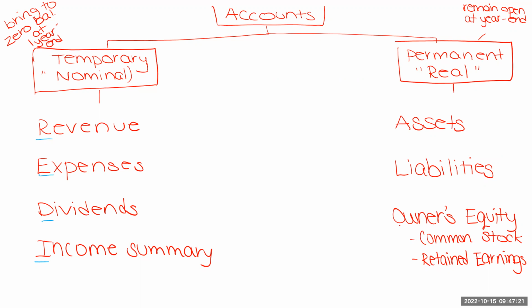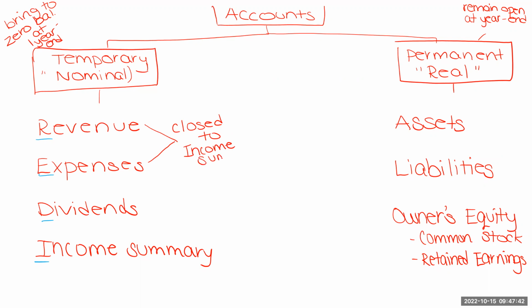So let's map through this closing process now. This is so helpful, this overview before we get into the weeds. Okay, so your revenue and your expense accounts, we will close. That gets closed to your income summary account, that new account.